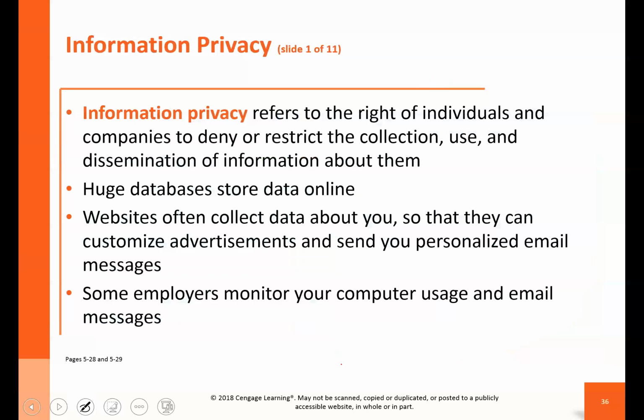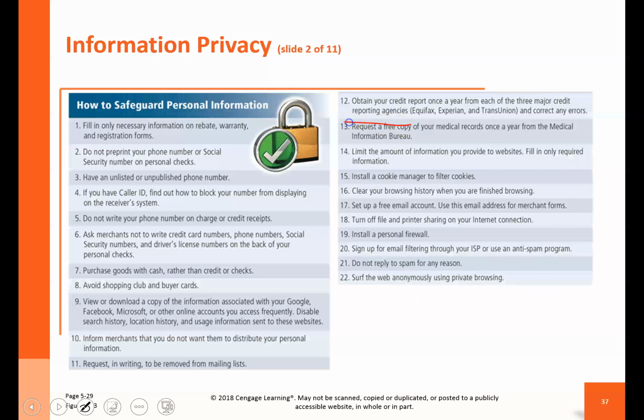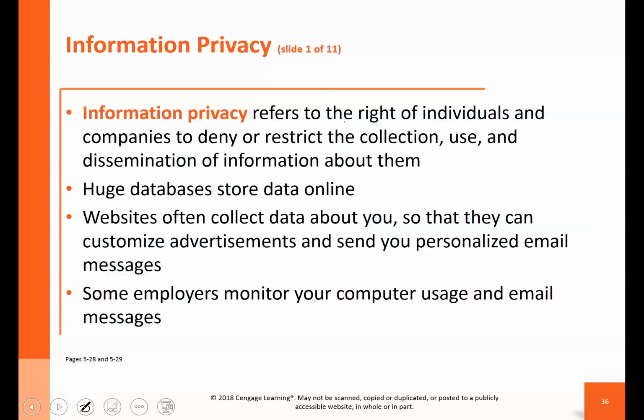And to uphold information privacy, we also need to know about it. Information privacy is actually born out of intellectual property, to highlight the rights of the individual. It is the right of the individual, alright, to deny restriction of correction.